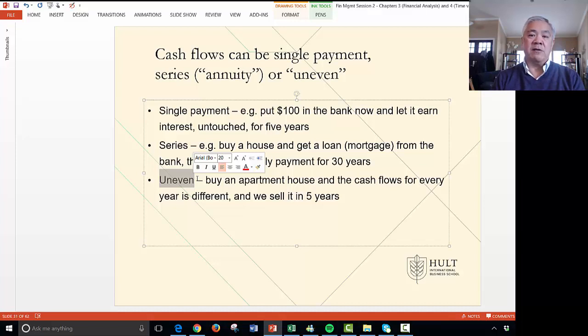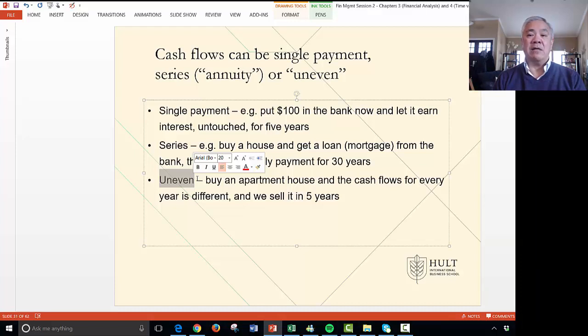It could be zero some years, positive some years, negative some years. And this is more an example of an investment. The example I would cite here is, let's say you buy an apartment house in San Francisco. Your initial cash flow right away is to pay a lot of money. Then each year as the owner of the building, you will get cash flow. Some years could be high, some low, some may be negative where you have to make improvements to the house and you end up putting in more money.